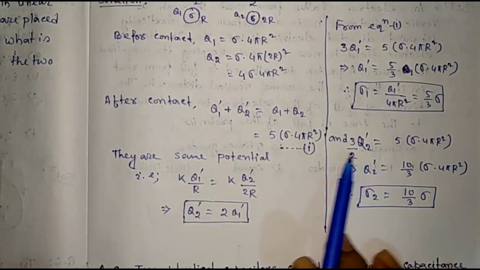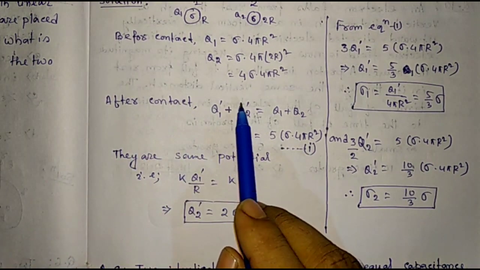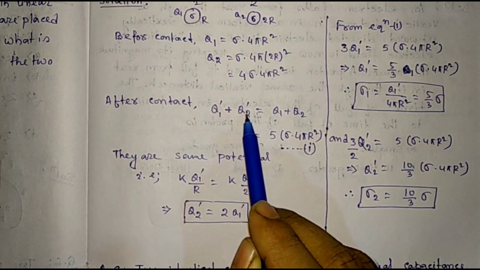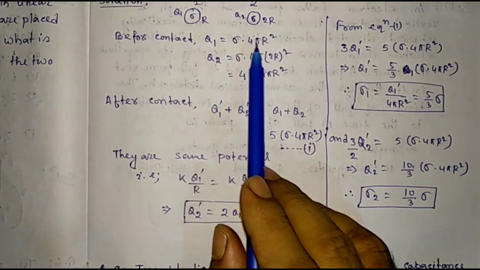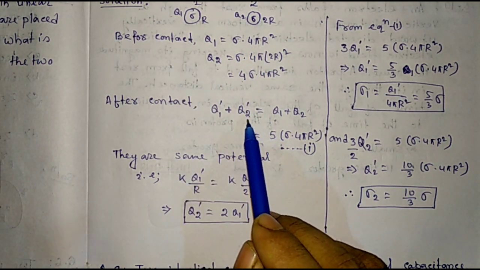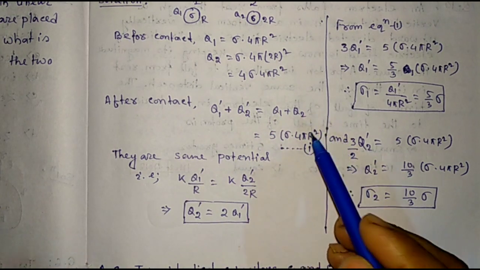Now after contact, the charges are q1 dash and q2 dash. We know that charge is conserved. So after contact of the two spheres, the total charge will equal q1 plus q2.